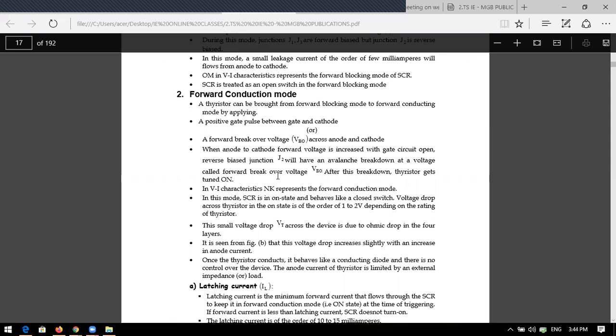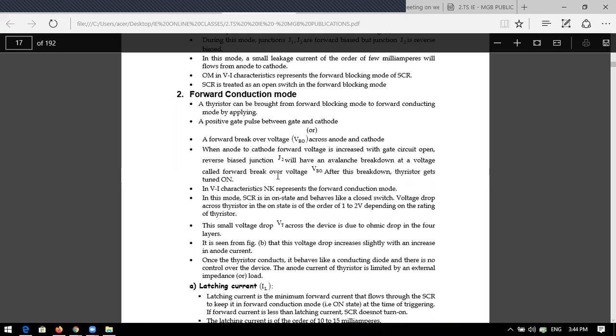But you should not use a higher forward breakover voltage. If you go on increasing the anode to cathode voltage greater than the forward breakover voltage, what will happen? It will destroy the device. That means the SCR will burn, because more and more current will flow in the circuit.